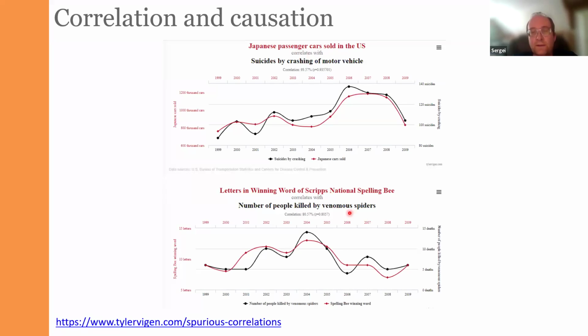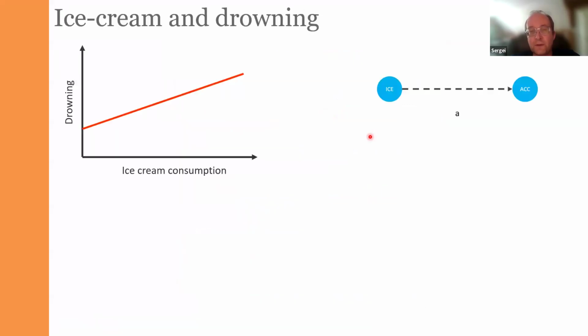So the point is that these examples clearly show that correlation is not causation. Very often we can have observations which are strongly correlated, and the degree to which they are correlated doesn't tell us much about the causative mechanism between the two.